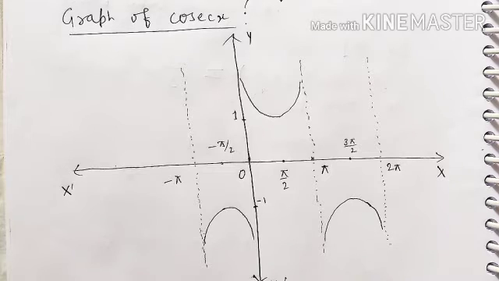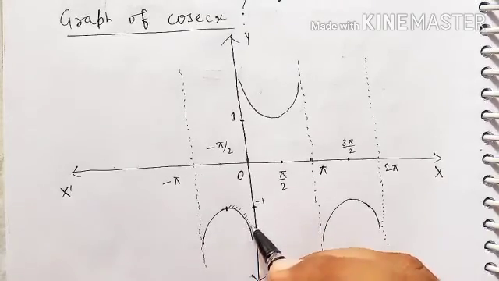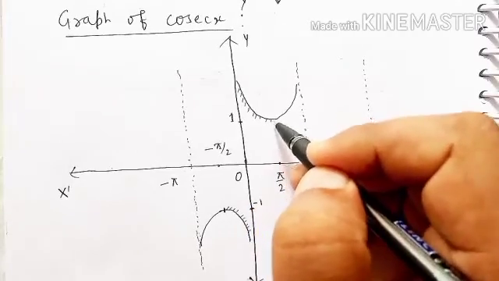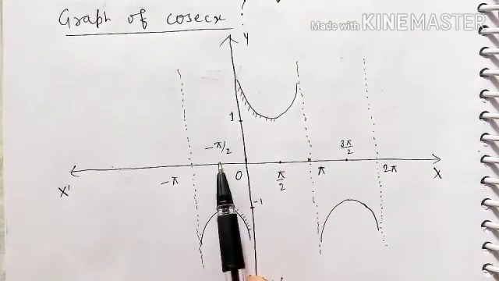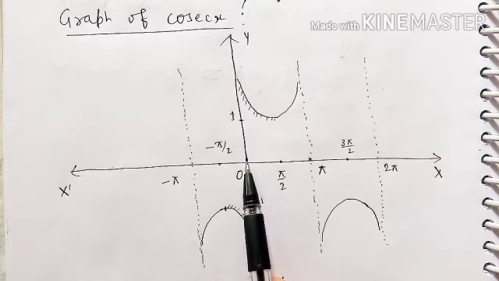Now we have to restrict its domain so that it becomes bijective. So if we take this interval, these values, then we have the function. If we take the interval from minus pi by 2 to pi by 2 except 0, then we have cosec x one-one and onto.